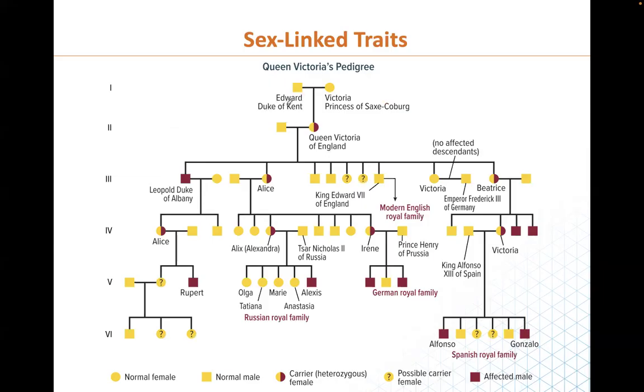This is Edward, Duke of Kent, and this is Victoria, Princess of Saxe-Coburg. These two people seem to be fine, probably carriers, or one of them a carrier. What happened is that Queen Victoria of England became a carrier.